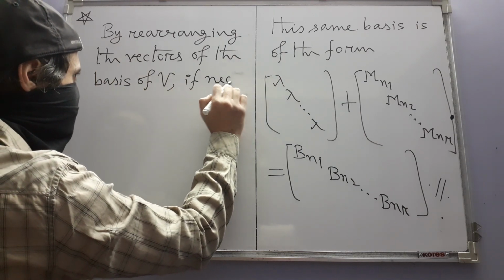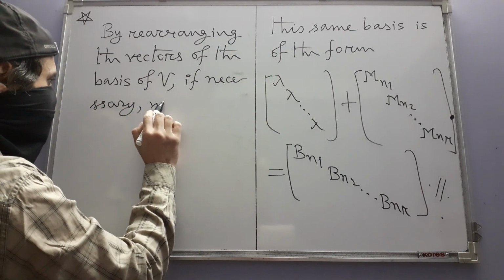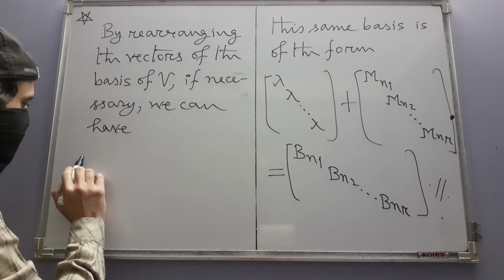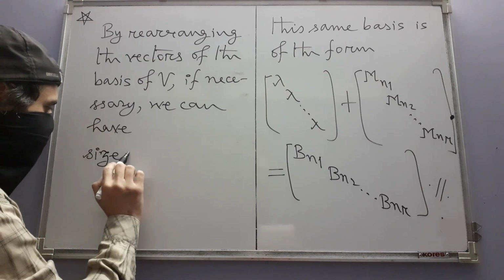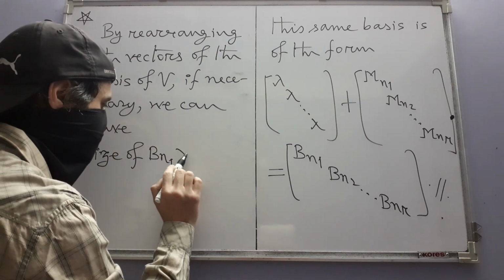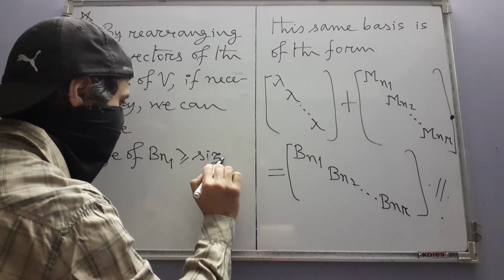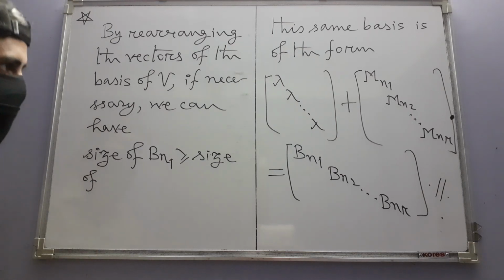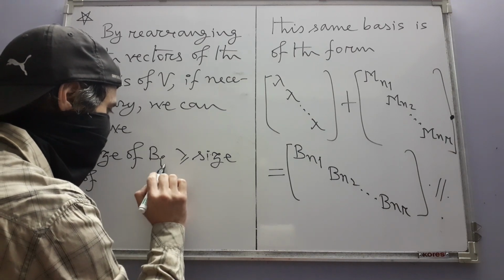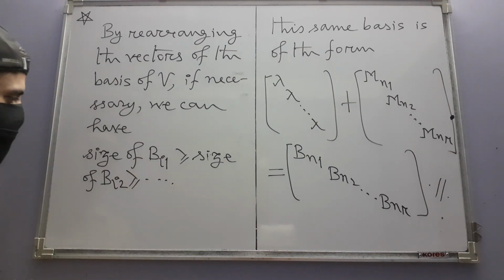If necessary, we can have a decreasing size of Bn1 greater than or equal to size of, or if you are talking about the general result, you can in fact write that notation, size of Bi2 and so on.